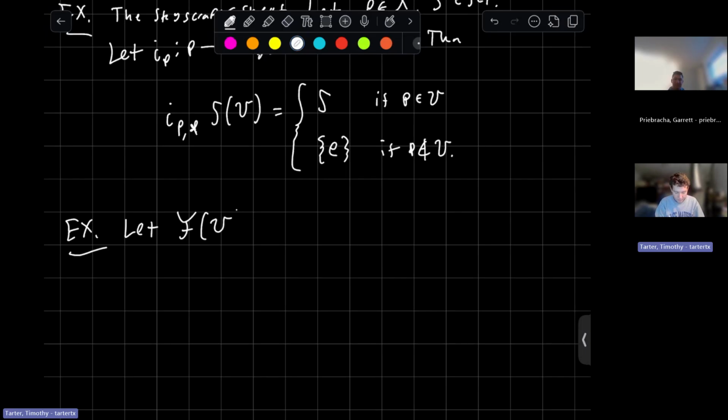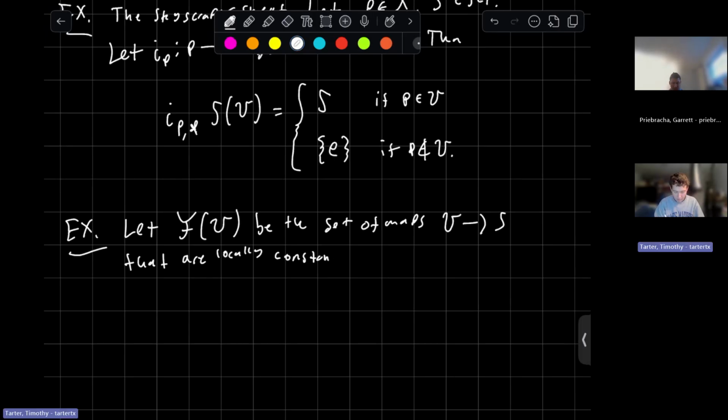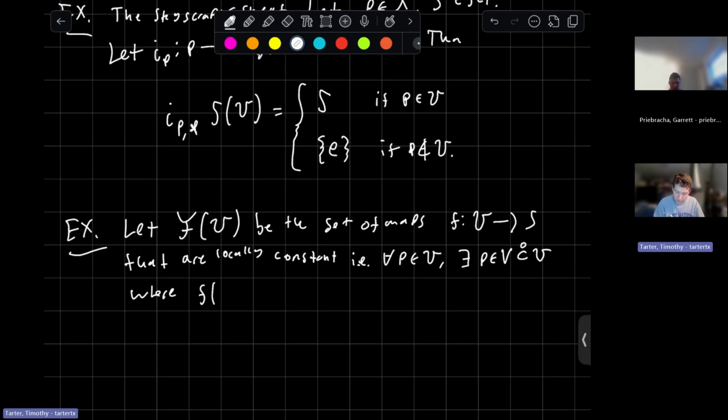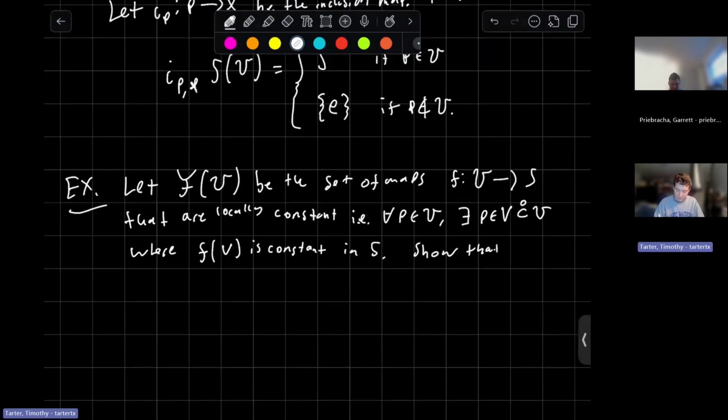Let F of U be the set of maps from U into S that are locally constant, i.e., for every P in U, there exists some open set V, which is open in U, where, I'm just going to call the maps f, f restricted to V is constant in S. And then show that this is a sheaf.